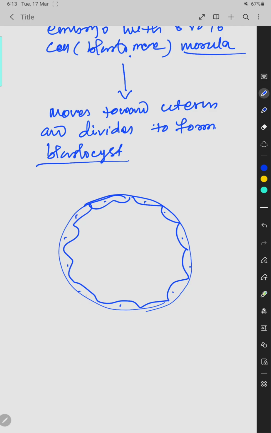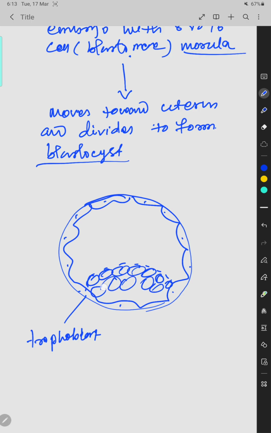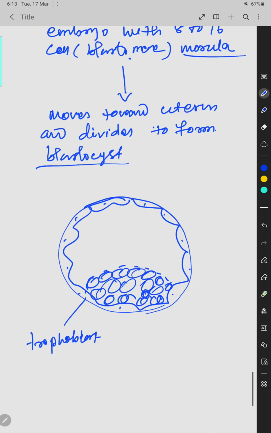This outer layer is called trophoblast, and an inner group of cells. These inner group of cells are attached to one side of the trophoblast, and these are called inner cell mass.